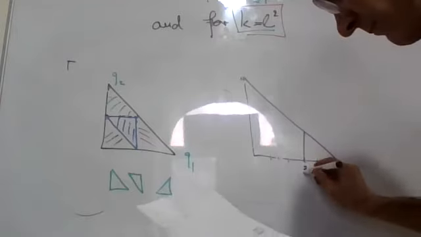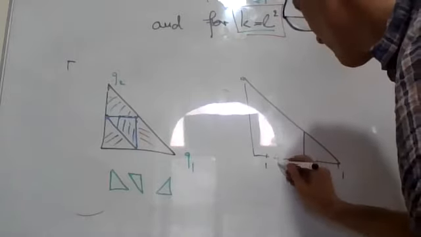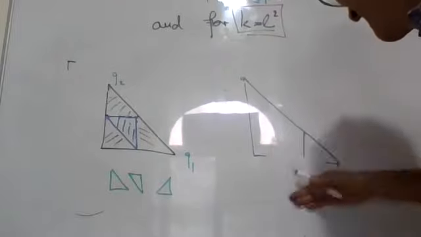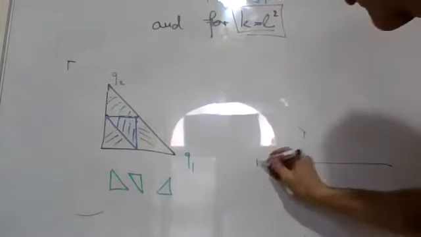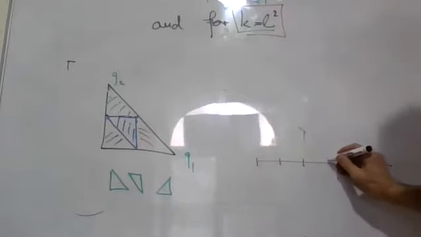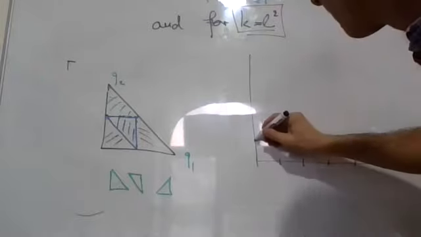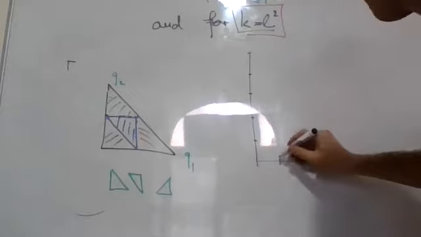Here is 3 and here is 1. Okay, 1, 2, 3, 4, 5.